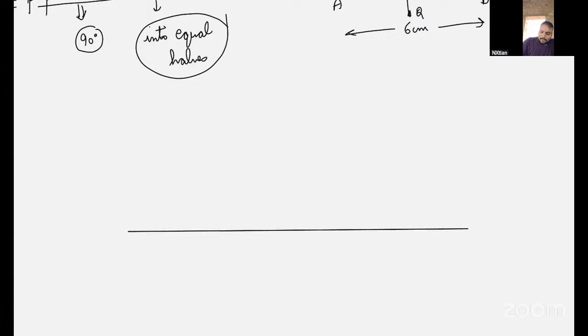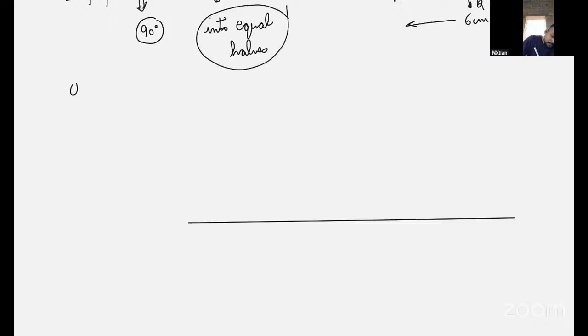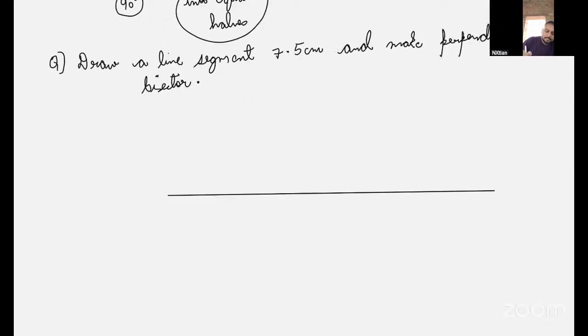For example, I'll make one question. Draw a line segment of 7.5 centimeter and make its perpendicular bisector.